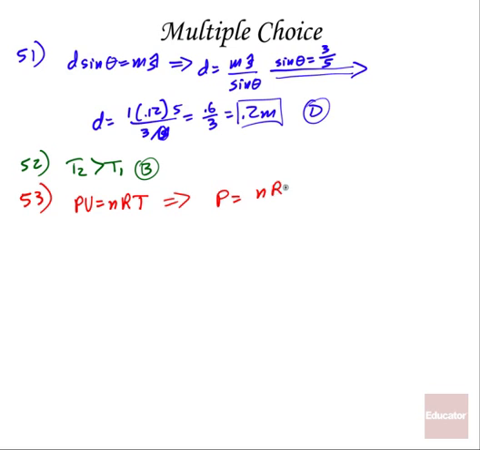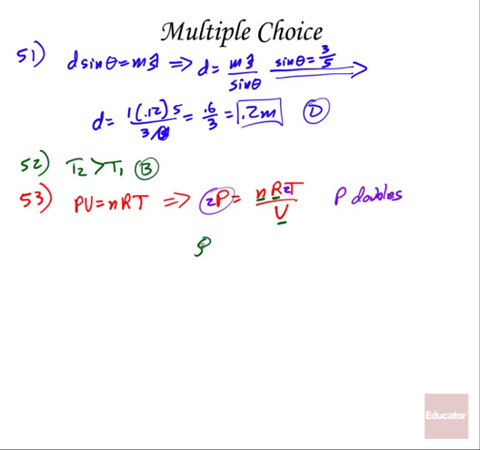Pressure equals nRT over V. And in this problem itself, well, n is constant, R is constant, and V is constant. And what we're going to do is double the temperature. So if I double the temperature, multiply the right side by 2, I have to double the left side. So we must have twice the pressure. P doubles.